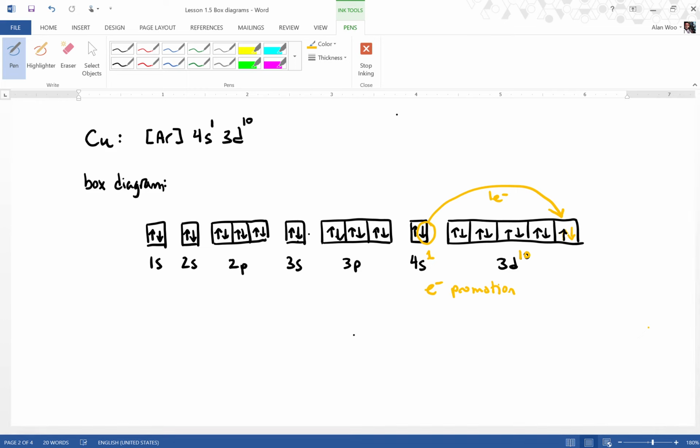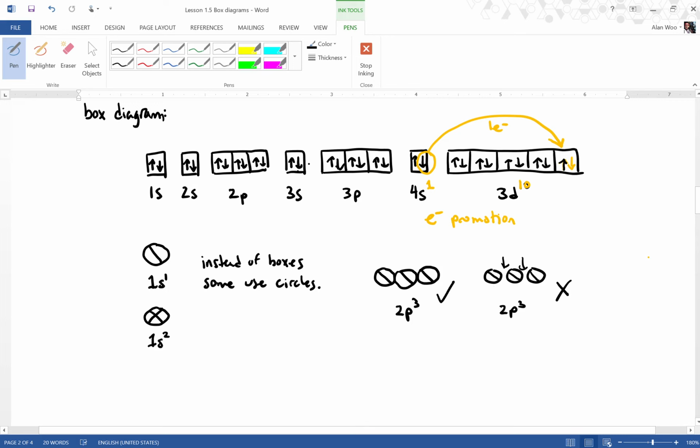If you draw it like this, you're telling me that you have individual s orbitals, not a p orbital. So sometimes I do actually prefer the box, because it's way easier to see, especially if you are drawing it quickly, you can tell the difference between the p's and the s's. And when you use this alternate method of showing the orbitals, you just have to be very careful that they are stuck together and there's no space in between. But all that is up to you in terms of which shape to draw.